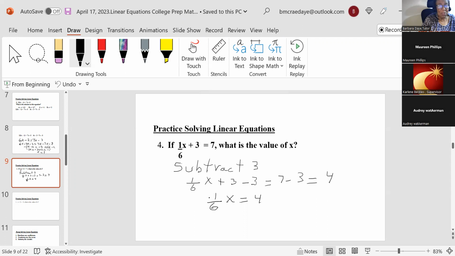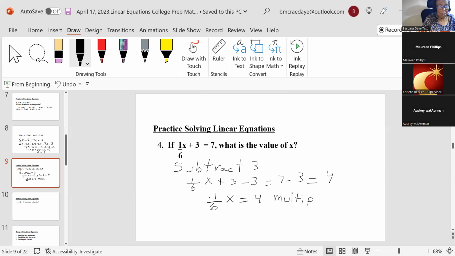That number can only be 24, like Maureen said. But you really multiply both sides by 6, right? We have to multiply by 6 before we get 24.